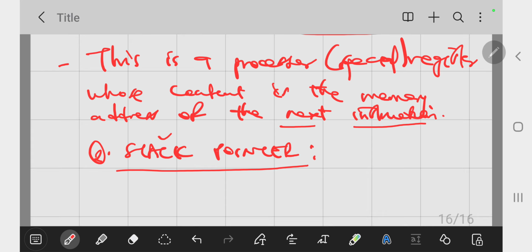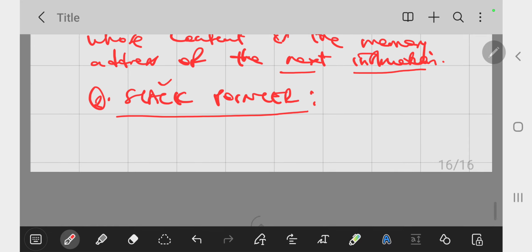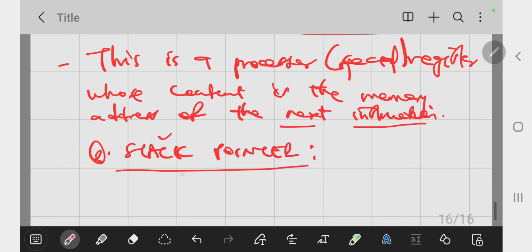Stack, not as in your stack trying to understand what trigonometry is, but stack with an A. Stack is a very important concept when we talk about computers in general. First let's try to understand what a stack pointer is, then we'll explain what stack is.